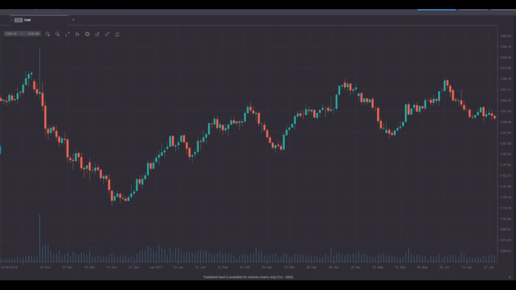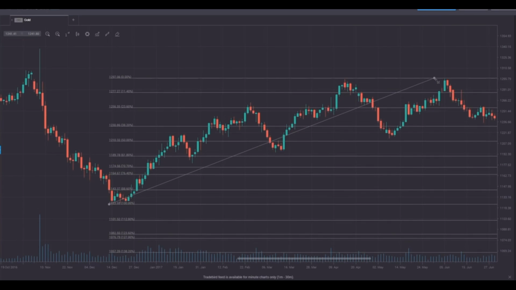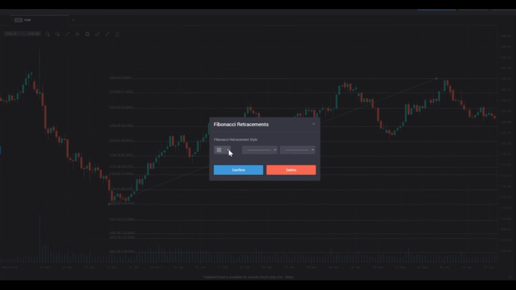Okay, so now this is an up-to-date chart for gold up until the end of last week. So the market had pushed higher beginning of June, sold off. Let's put our Fibonacci levels on. Let's take them again from the start, from down here. So from those lows in December up to the most recent high, beginning of June. Again, I'll right click, make this a different color so we can see it. There we go.